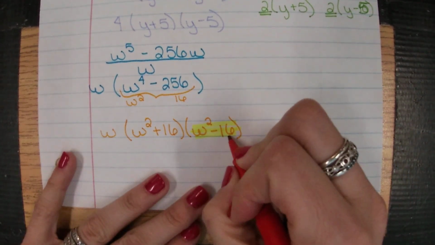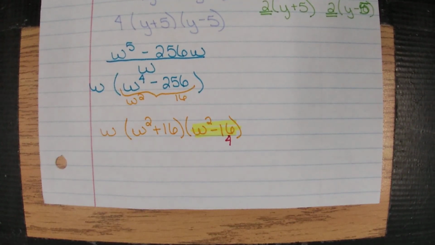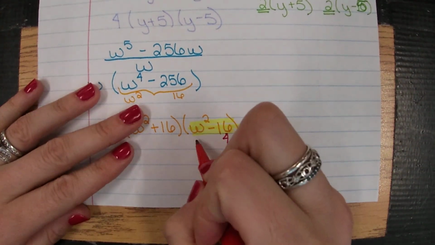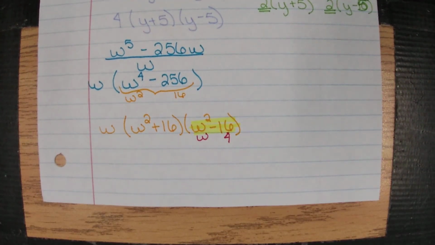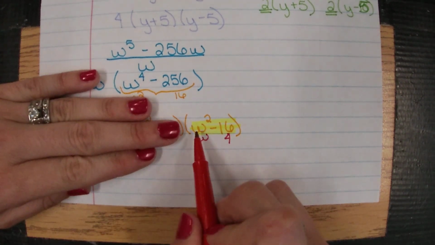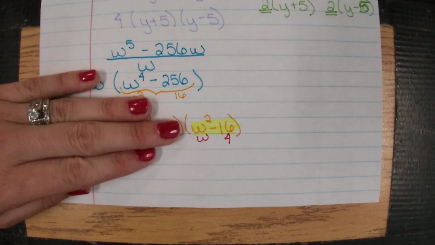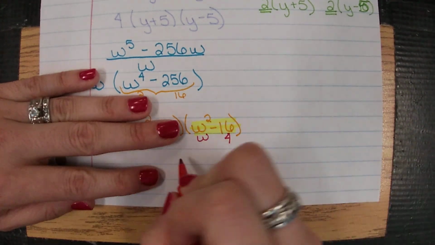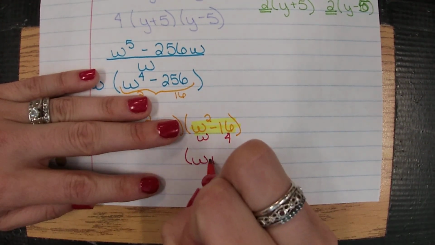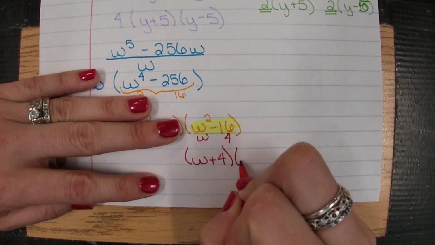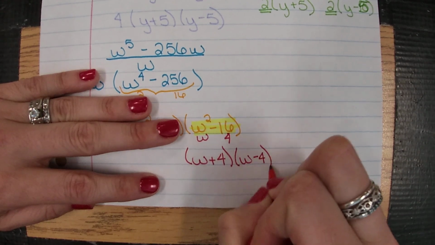So 4 times 4 gives us 16. Half of that exponent is a w. Okay, so that means that our w squared minus 16 is going to factor into what? We should have a w plus 4 and a w minus 4.